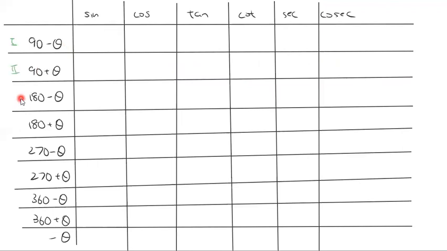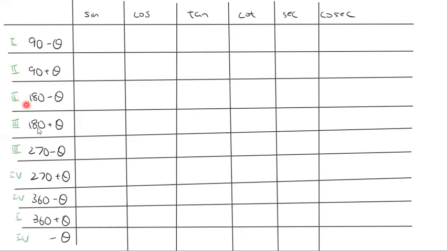And then this one, second. Keep going down, and it's third, and the third, and 270 plus theta is the fourth quadrant. And it's the fourth, and it's the first, and it's the fourth.